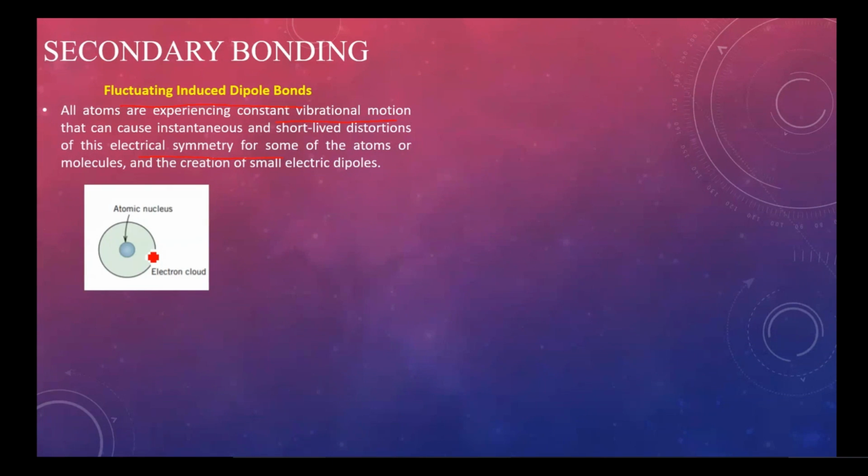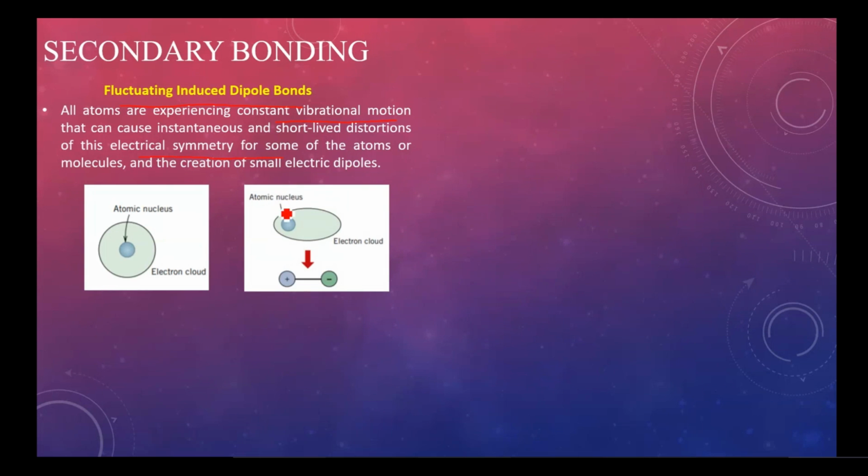That means if you have a stable atom where the nucleus is situated within the center, due to the vibrational motion, what would happen is that, for instance, the nucleus may get cornered to one end, thereby creating a positive charge at one end, and the electron cloud gets distorted to the other side, thereby creating a net negative charge on the other end.